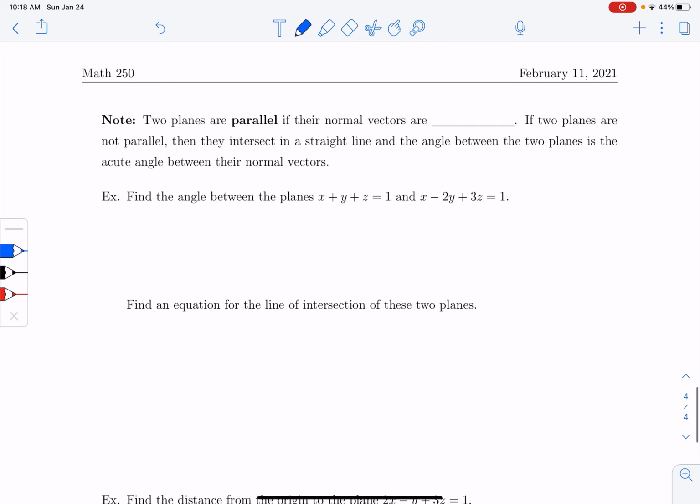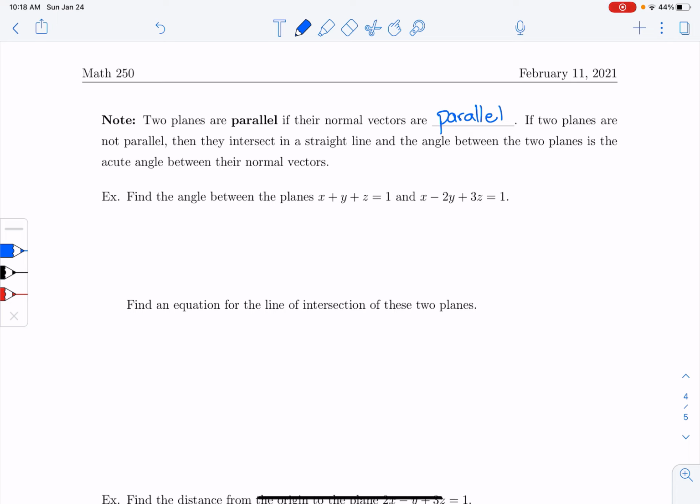I want to note that 2 planes are parallel if their normal vectors are parallel. Because the normal vectors are perpendicular to the planes, those 2 perpendicular vectors to the parallel planes must indeed be parallel.